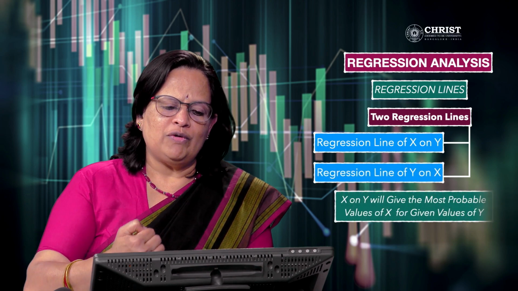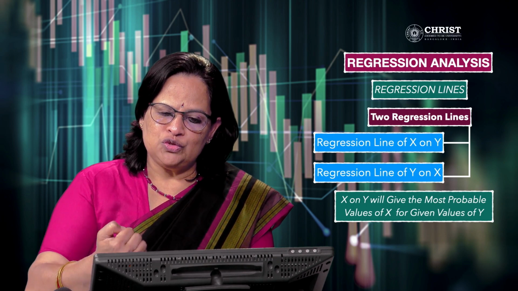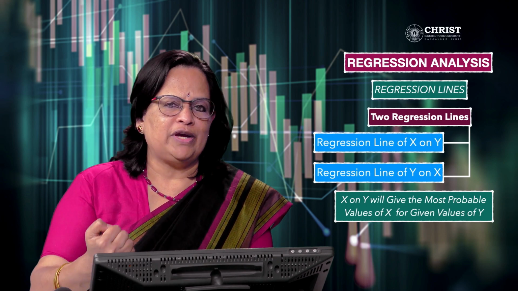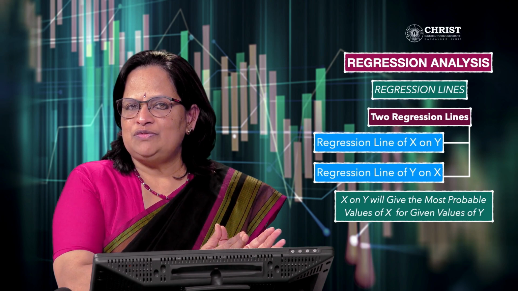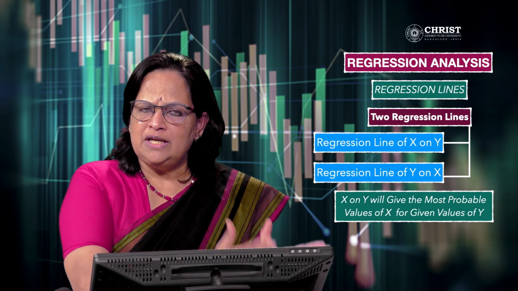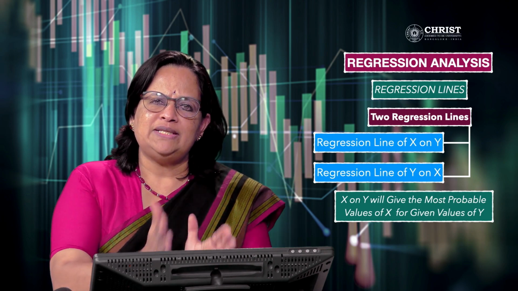Now if you want to compute regression, there are two regression lines. One is called regression line X on Y and the second one is regression line Y on X. Regression line X on Y will give the most probable values of X for the given values of Y. Always two variables will be there: income and expenditure, income and income tax, or income and savings.